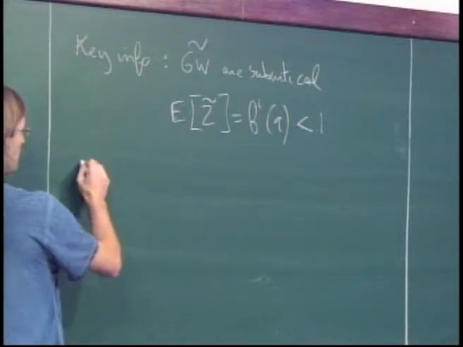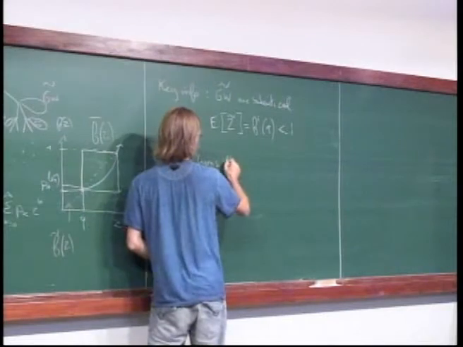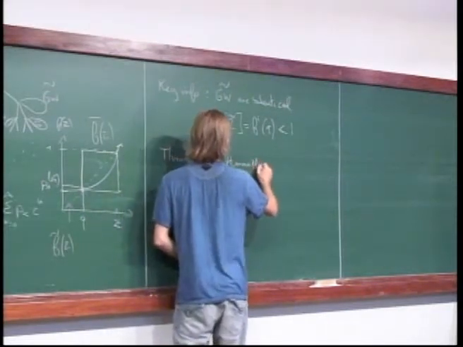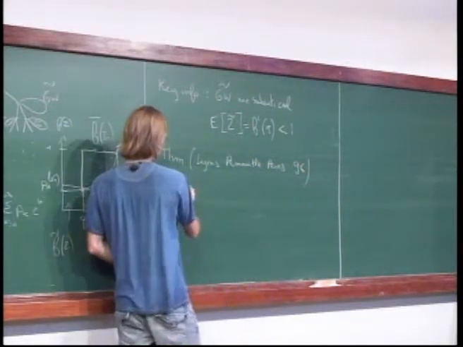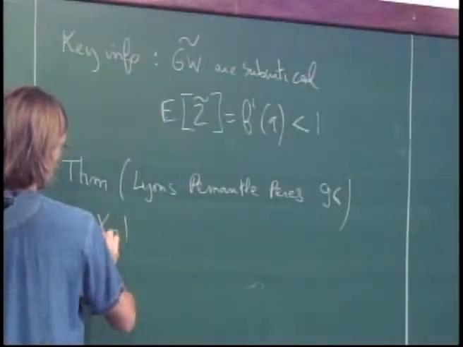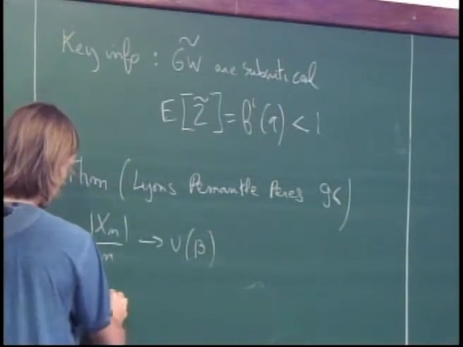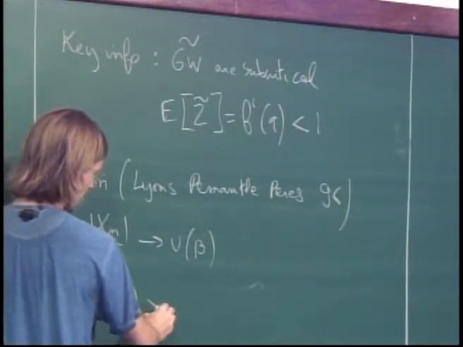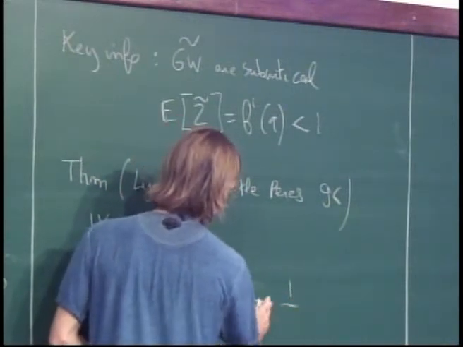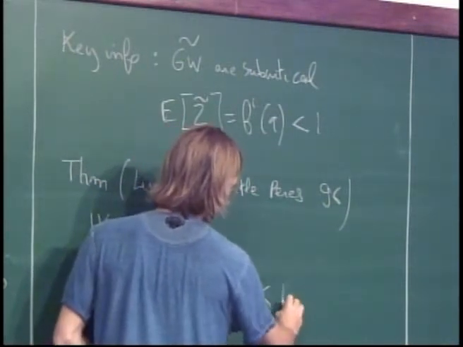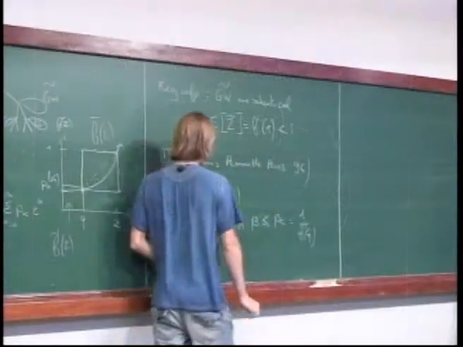And now, if you recall, I had told you a theorem of Lyons, Pemantle, and Peres, which was from 96, which told you that the long-term behavior of the walk was that it had a limiting speed, and there was a dichotomy between the speed being positive for small biases, and actually for small biases, lower than a beta critical, and actually this beta critical is this 1 over f prime of q.